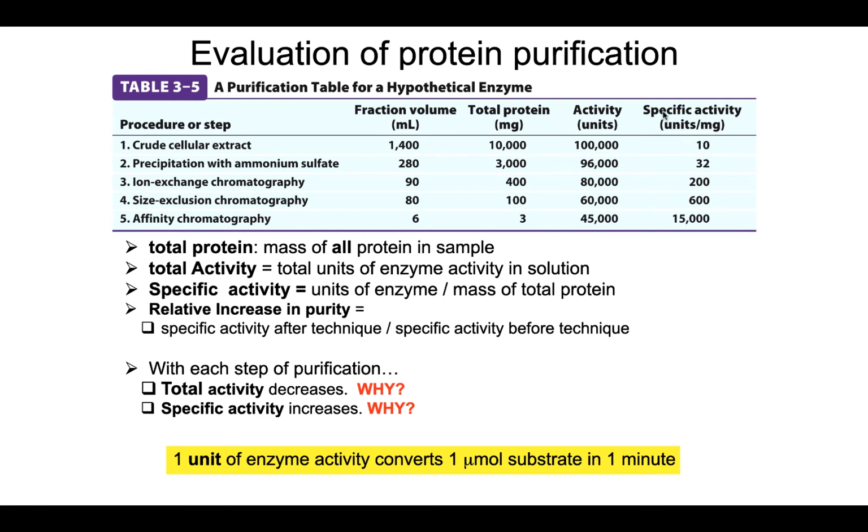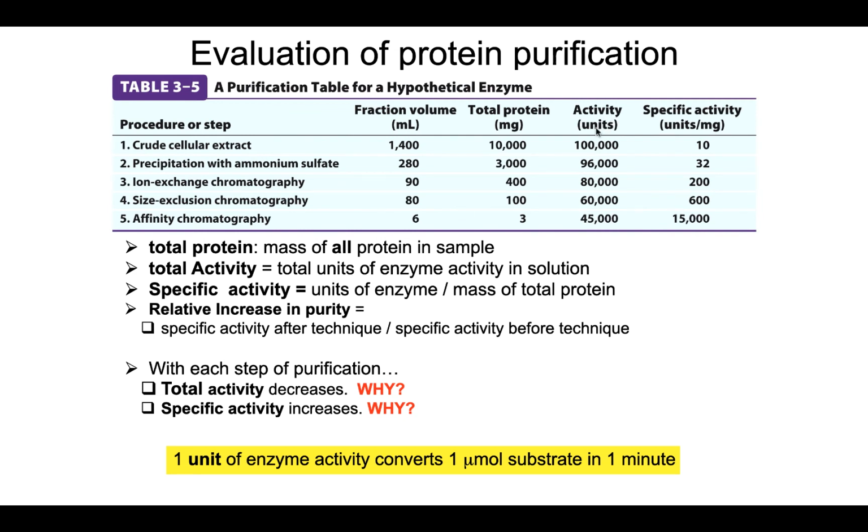And that gives us the specific activity: the units of activity of our protein of interest divided by the total amount of protein in that fraction. And notice, take a look at this number. It increases. Take a look at this number, the activity.